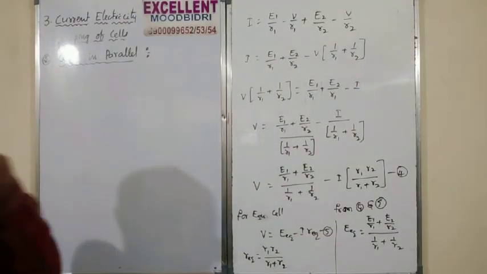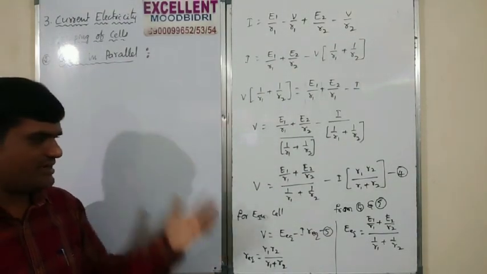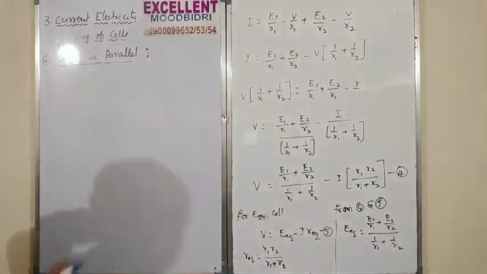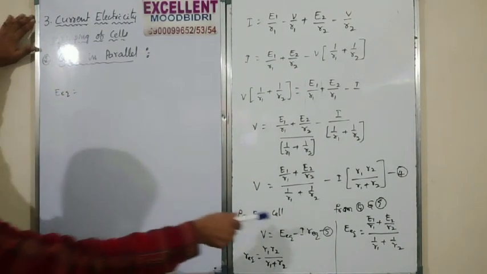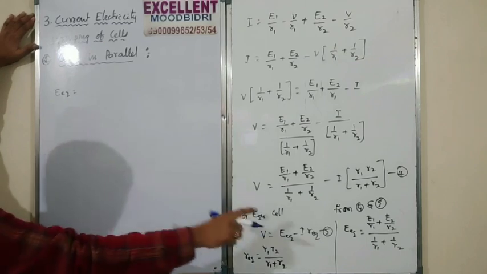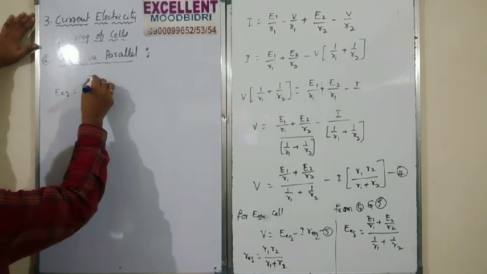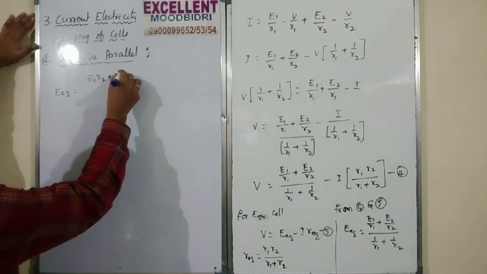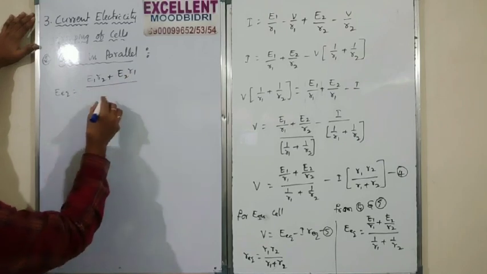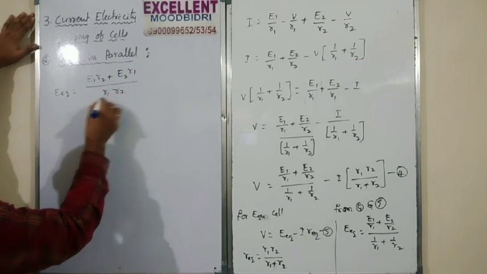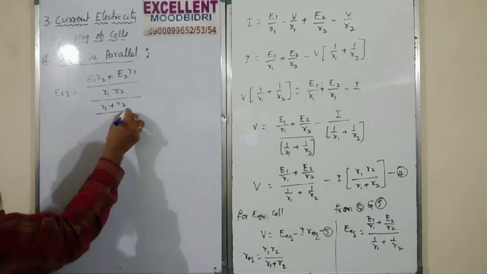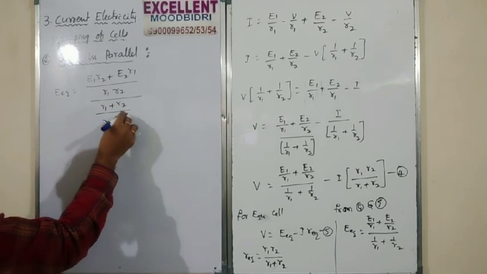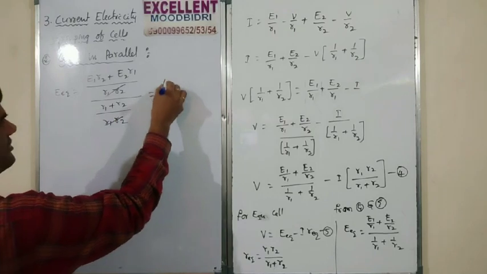This is a very important 5 mark question. For 5 marks we will do it like that. What is E equivalent? You have to observe this once. Taking the LCM: E1 R2 plus E2 R1 divided by R1 R2, divided by R1 plus R2 divided by R1 into R2. This gets cancelled. Therefore, what will come here?